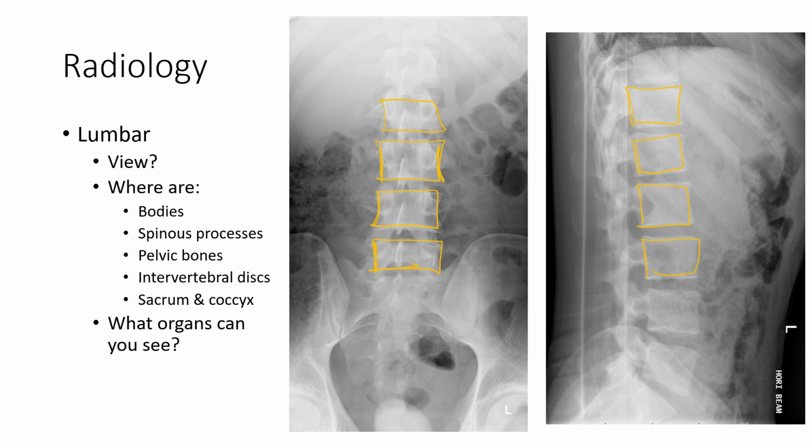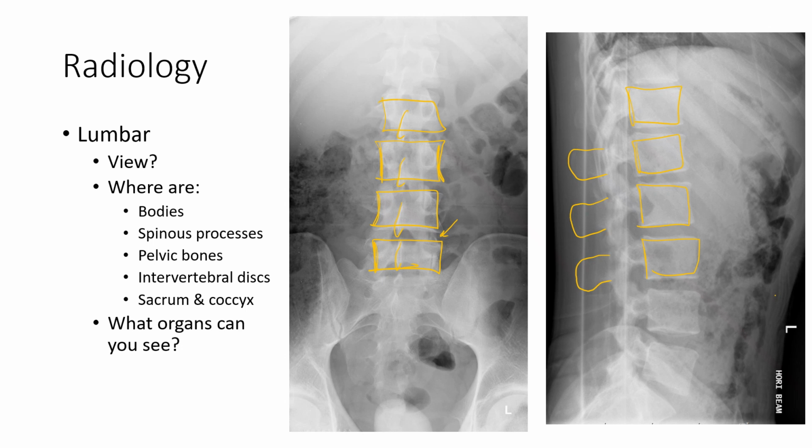The spinous processes are big and broad now, right? And on the left, on the AP view, you can see the person isn't standing exactly straight because you get a little bit of a profile. So like that are the profiles of those spinous processes. Intervertebral discs are invisible.